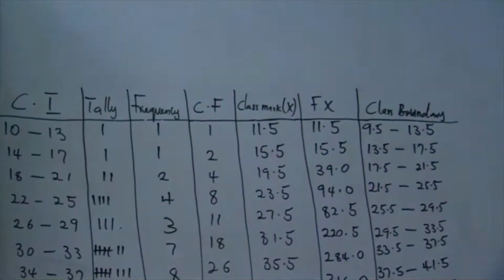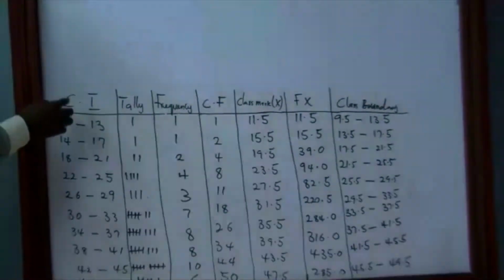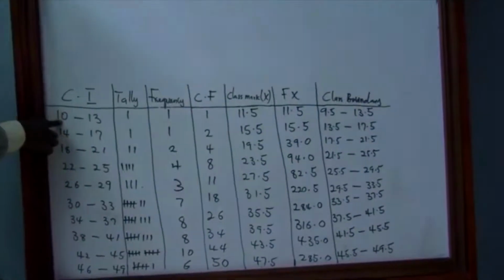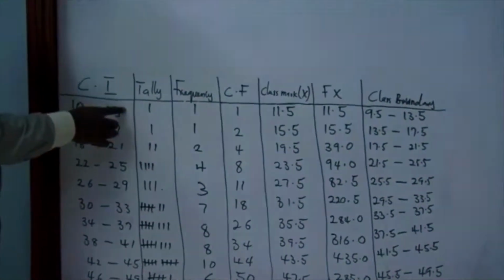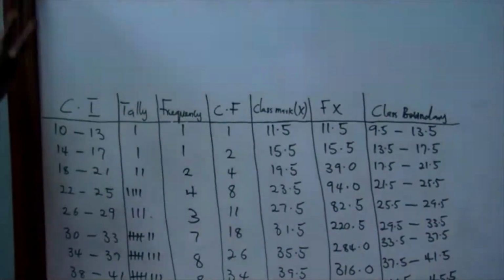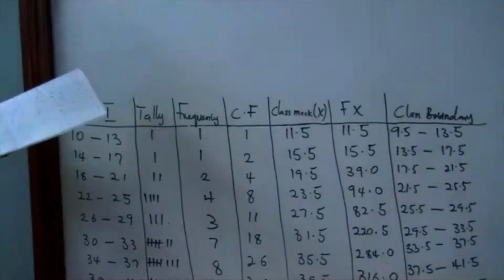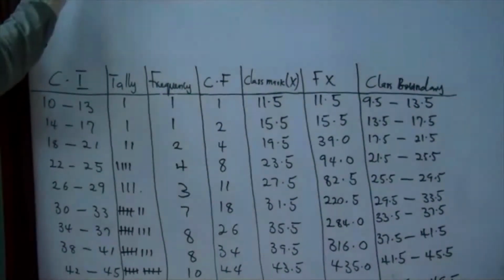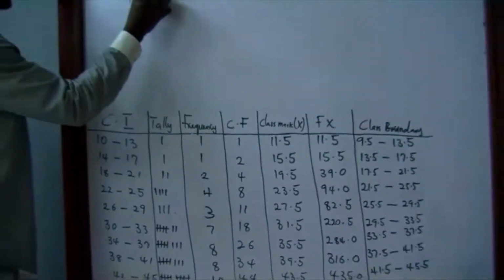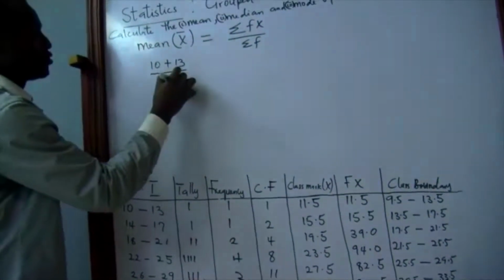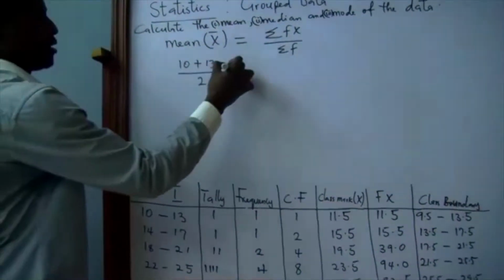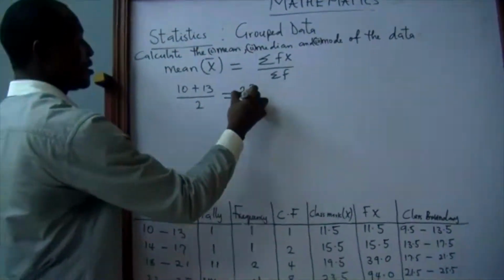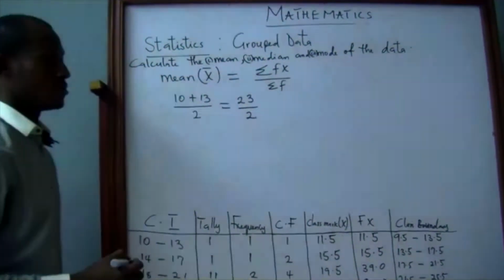And how do we obtain the class mark? The lower class limit plus the upper class limit divided by 2. What do I mean? For me to get 11.5, I added 10 plus 13 divided by 2, and I obtained 23 divided by 2.